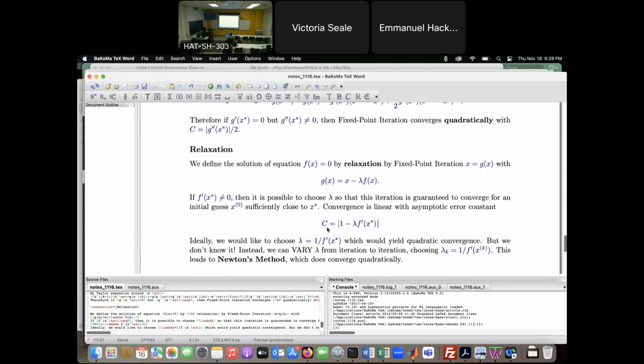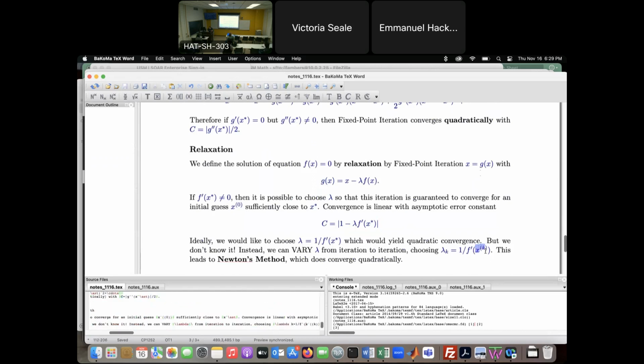But here's what we can do. At each iteration, so here I'm choosing lambda to be a fixed constant. What I can do is I can vary the constant from iteration to iteration. Lambda k is 1 over f prime of x k.